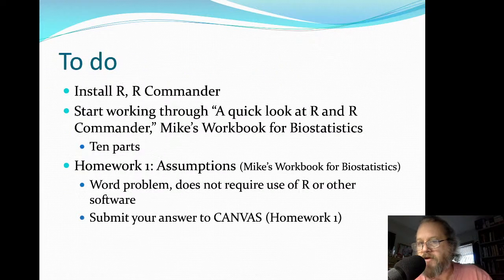Okay, so in more practical terms, what you should be doing now is, of course, you should have installed R and R Commander by now. You may have some kinks to work out, but if you haven't started, you're behind. Get going. Make contact with me if you're running into problems.